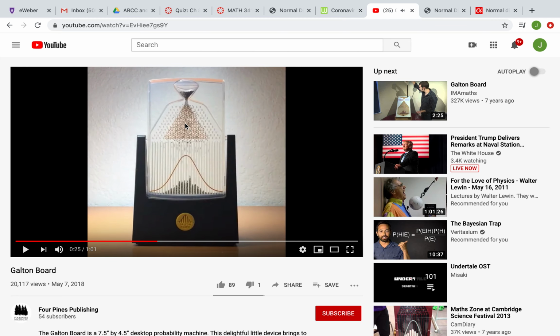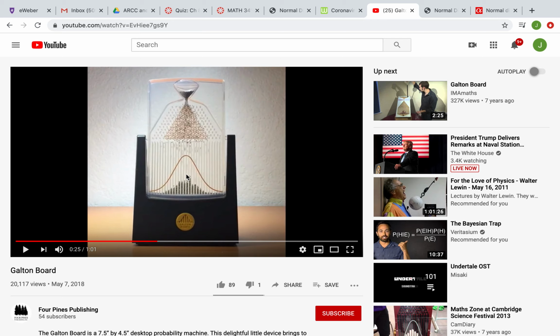So as it's falling, there are these little pins in the middle right here. And each ball falls on the pin, making a random path. And when the balls fall, they fall usually in the center, but sometimes they fall far from the center, here and here.